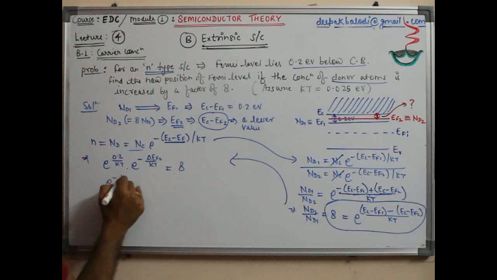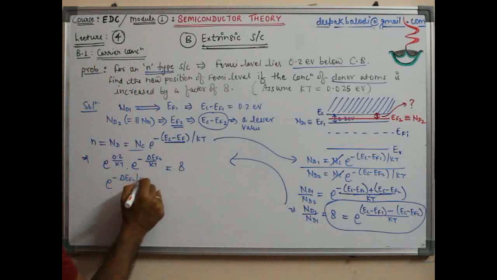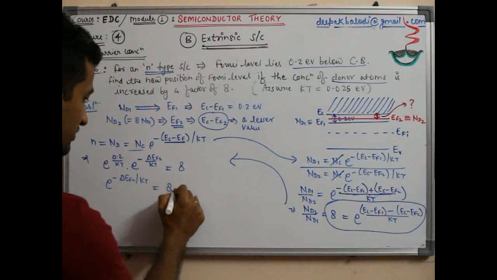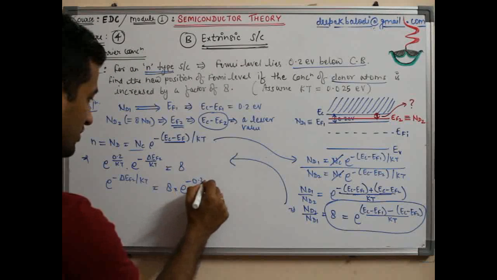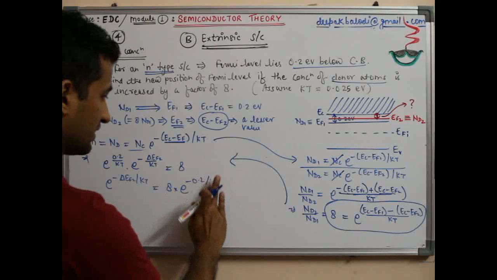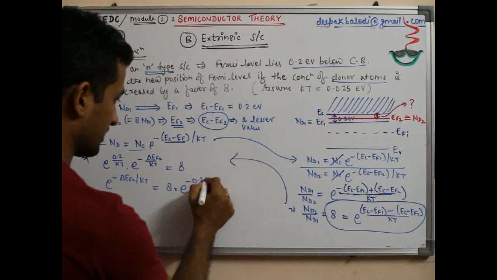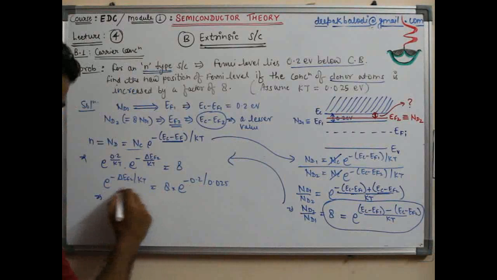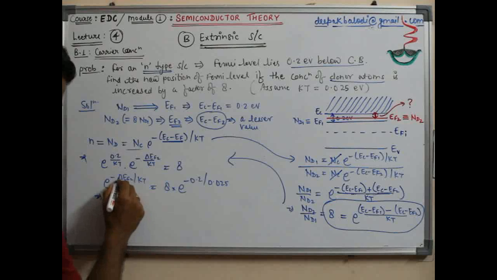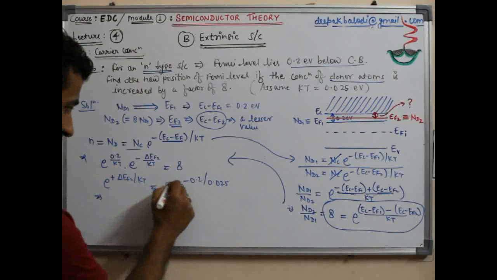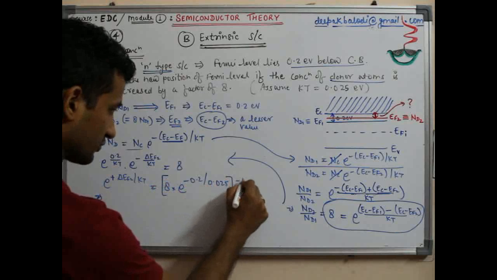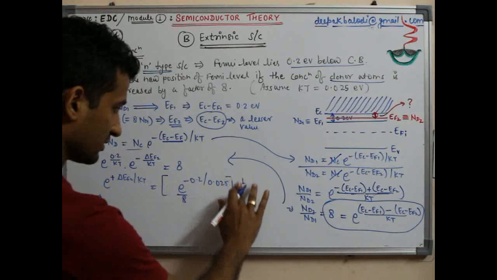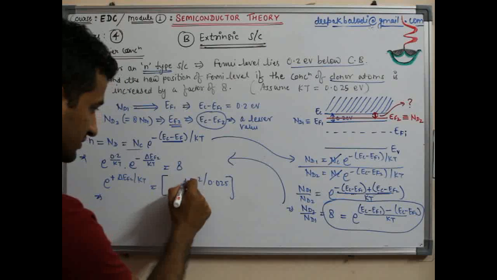So therefore e to the power minus delta EF2 by KT is equal to 8 divided by this, or when it goes up it becomes minus 0.2 by KT, and KT is given to us. KT is 0.025. Then we can take ln on both the sides. So here if we take ln and if we take it positive, everything becomes minus 1. So with that this becomes 1 by 8 and this minus 1 actually makes it plus.